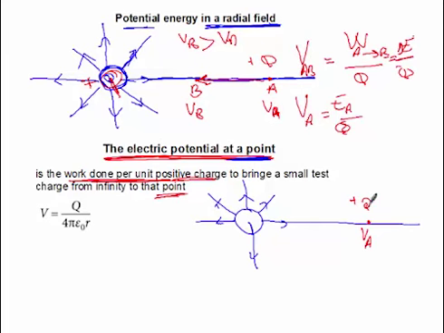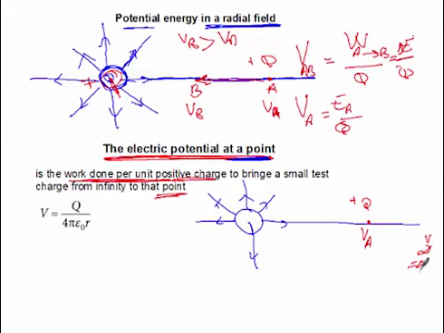If this charge is farther, as we mentioned, the less the potential becomes. So the potential at infinity is equal to 0. The potential at infinity is considered to be 0. Why? We are so far from the charge that is causing the electric field.